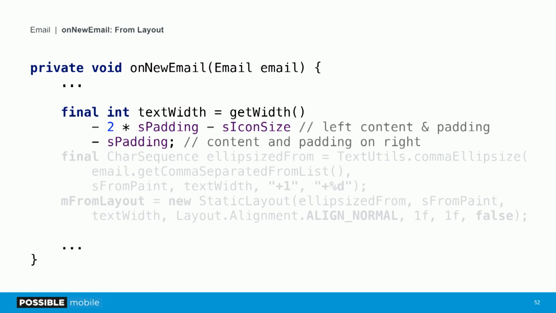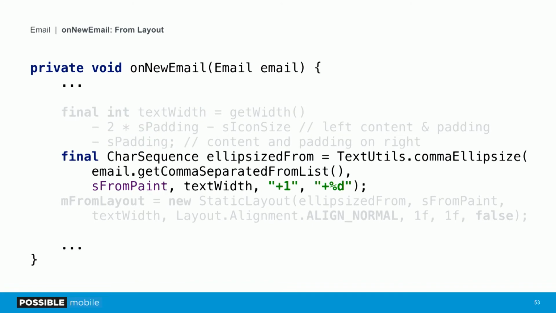And then from the right side, we'll subtract the padding on the other side. So now we have the width that our text can fit within. Next, this is a really nice convenience method that I found in TextUtils. We're going to use this to ellipsize our people list down to 1 line. This is commaEllipsize. You give it a comma separated list.